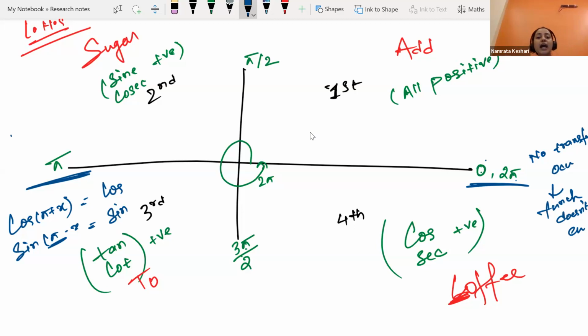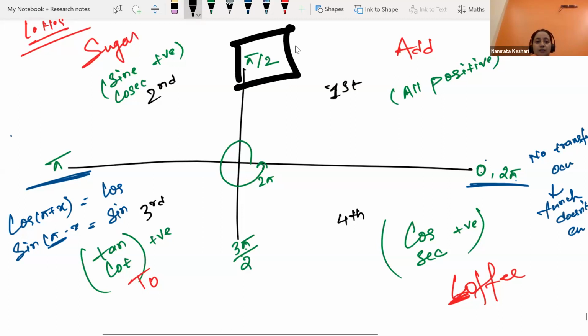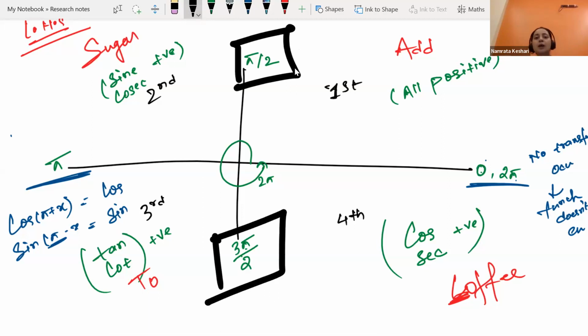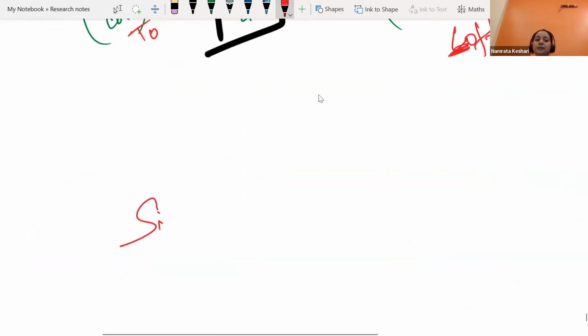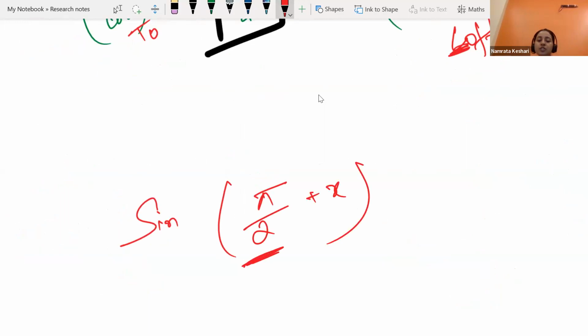But when we have the angles which I have represented on the y-axis, you can see pi by 2 and 3 pi by 2, for example, if we have sine(pi by 2 plus x), pi by 2 is visible over here, the function will get changed, sine will change to cos.